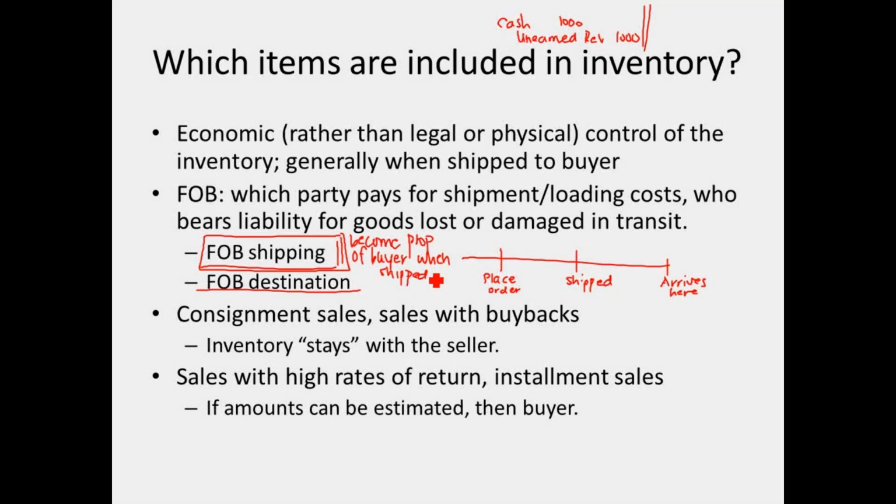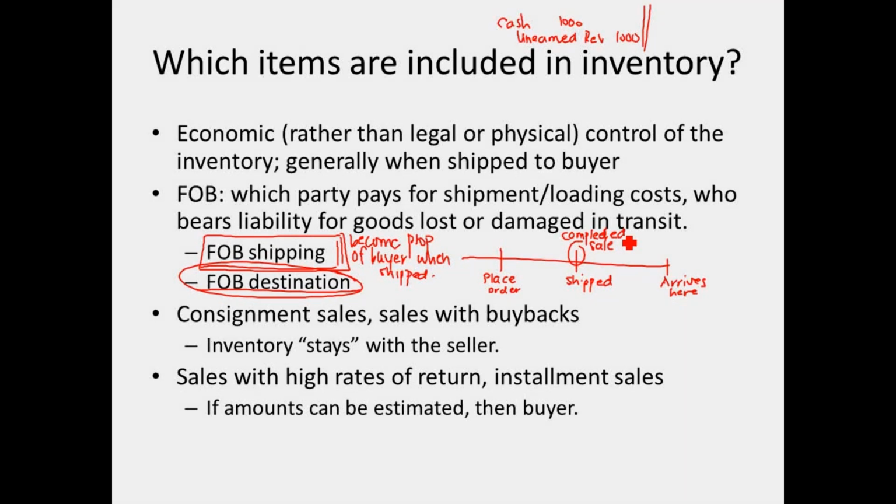On the other hand, if we use the contract terms FOB destination, this says they are not mine until they hit my loading dock, until they arrive at my destination and get checked in. The sale is completed at this point, and now the goods are the responsibility of the customer, okay?